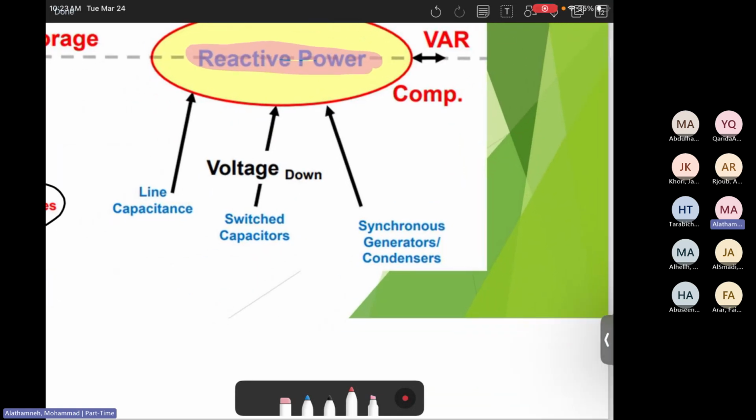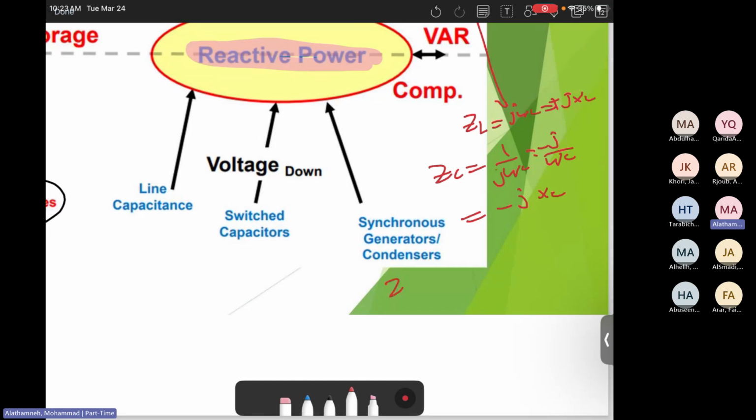Then when you compare ZL and ZC, you will realize one is positive and the other negative. Then we can say the capacitor is the opposite of the inductor.